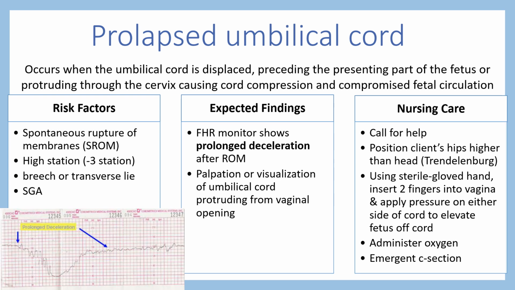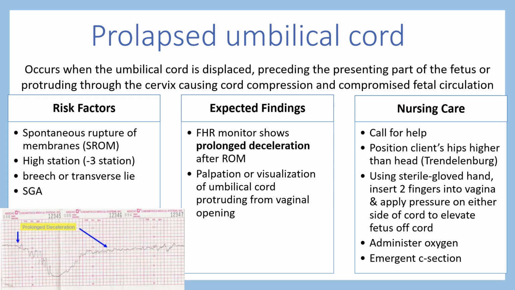A prolonged deceleration is a fetal heart rate that is 15 beats per minute or more below the baseline and lasts at least 2 minutes but less than 10 minutes. Another assessment finding indicative of a prolapsed umbilical cord is palpation or visualization of the umbilical cord protruding into the vaginal canal or from the vaginal opening.